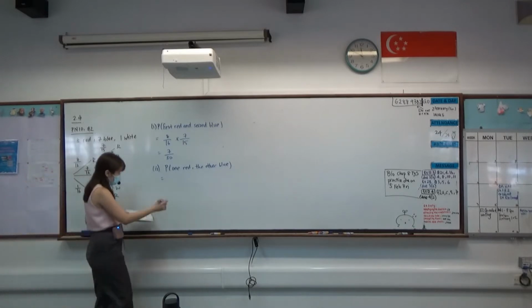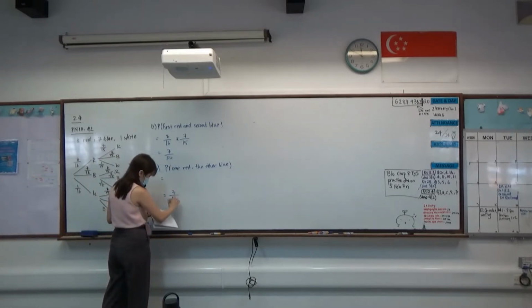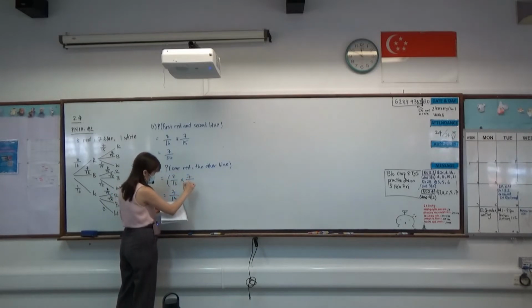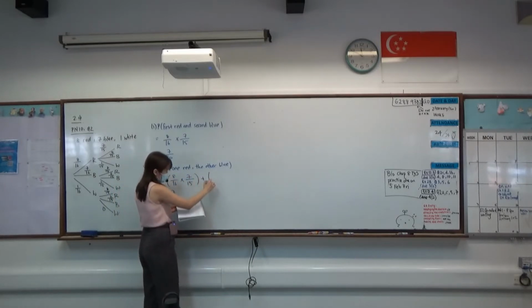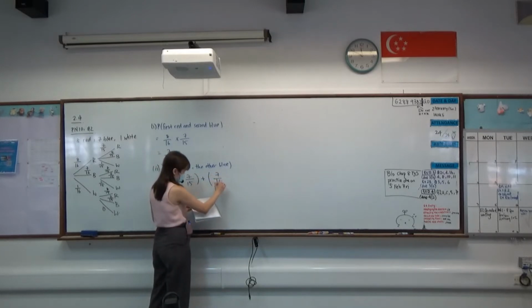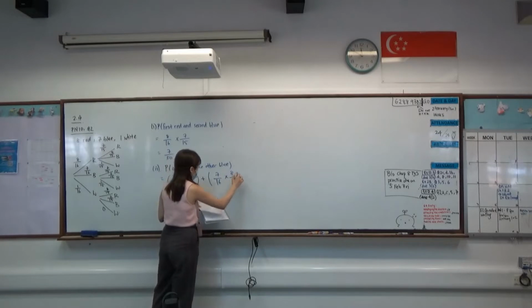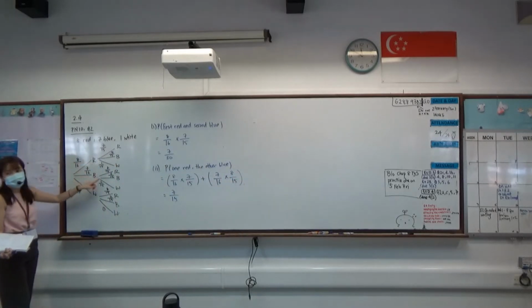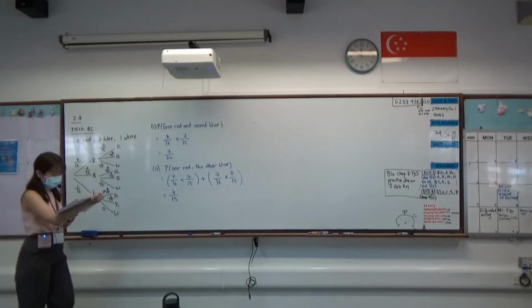How do you get 7/15? 8/16 times 7/15 plus 7/16 times 8. Okay, great. So one red, the other blue, so it's either red blue or blue red. Okay, so there are 2 cases to consider.